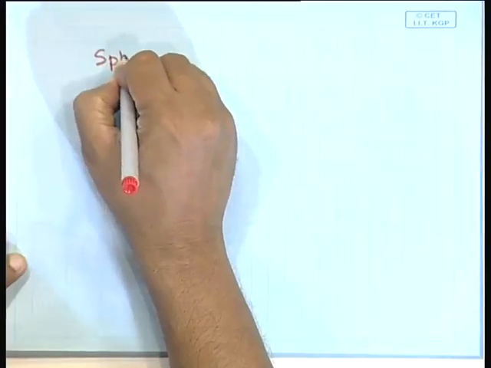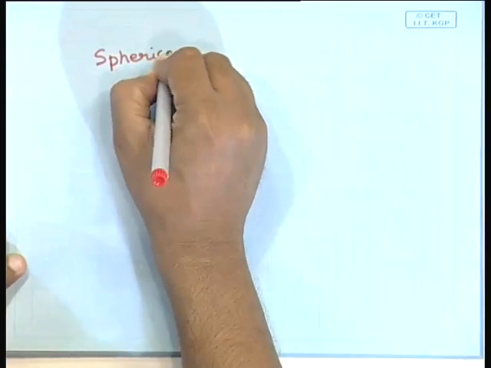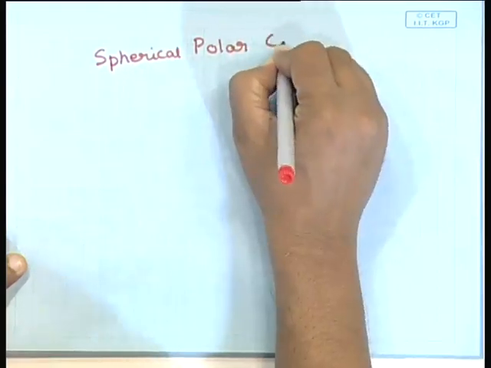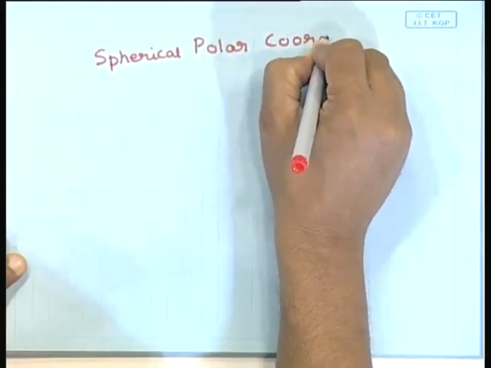The first example is the spherical polar coordinate system in 3 dimensions. So, let me discuss spherical polar coordinates.